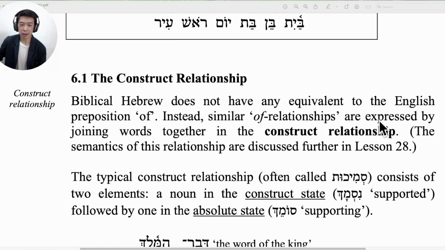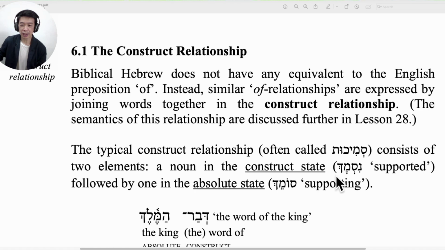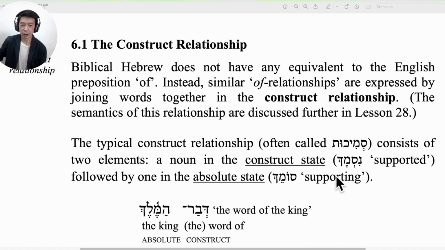This typical construct relationship, often called semikhut, consists of two elements: a noun in the construct state and one in the absolute state. The construct state is pronounced nismakh.